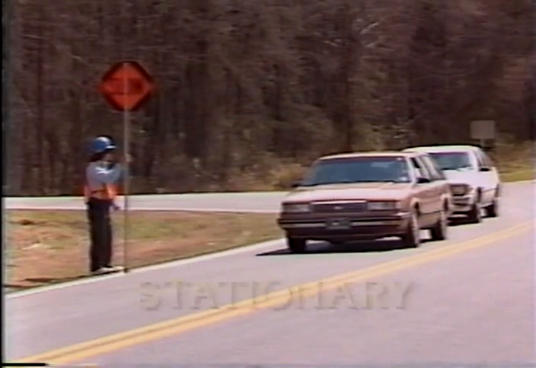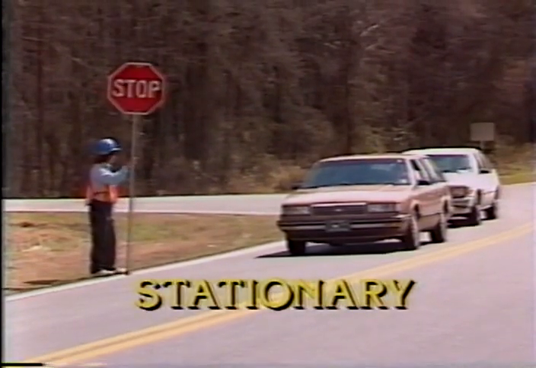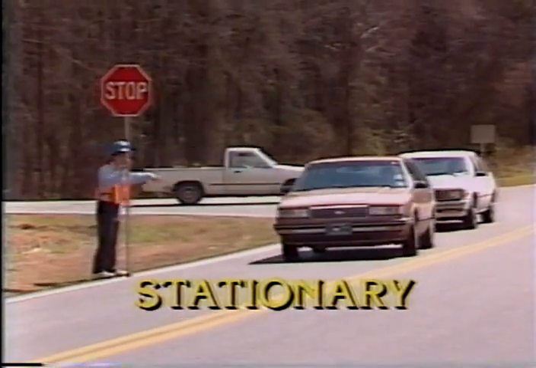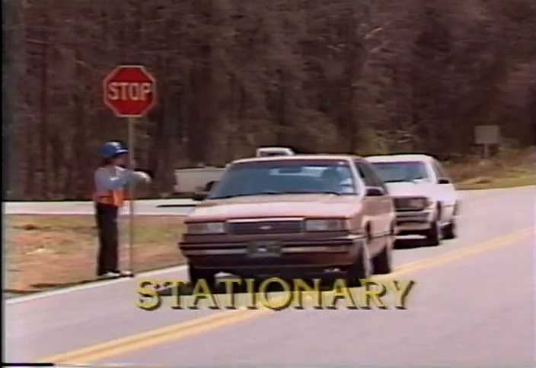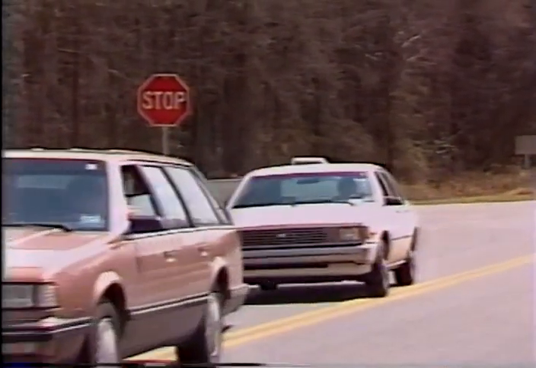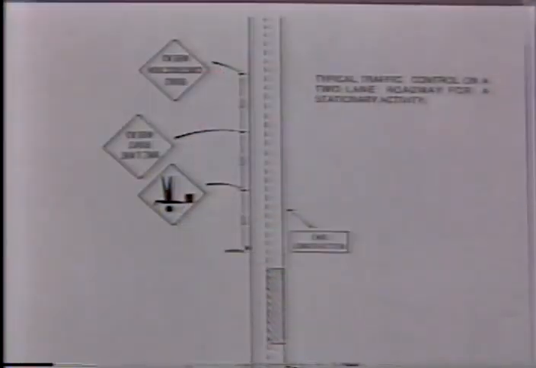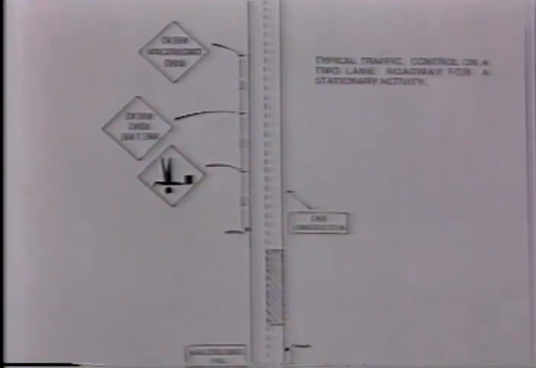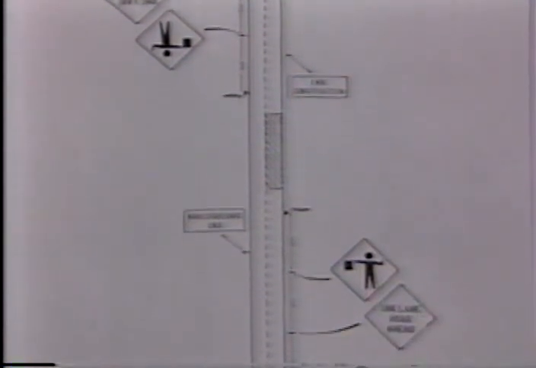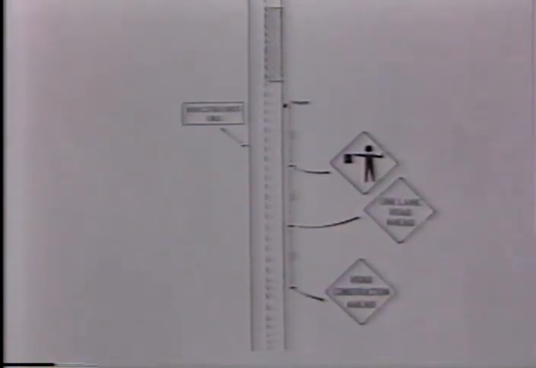First, let us discuss traffic control for a stationary operation. Proper traffic control guides motorists in a clear and positive manner through the maintenance work area. This diagram illustrates a typical traffic control layout for a stationary maintenance operation on a two-lane roadway. It is necessary to close one lane for a short period of time.